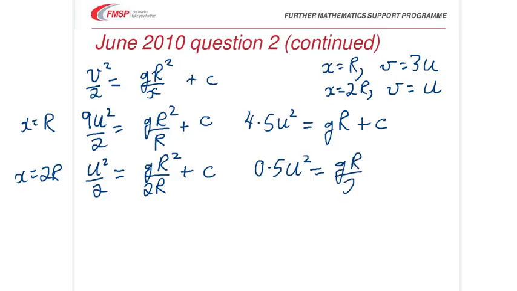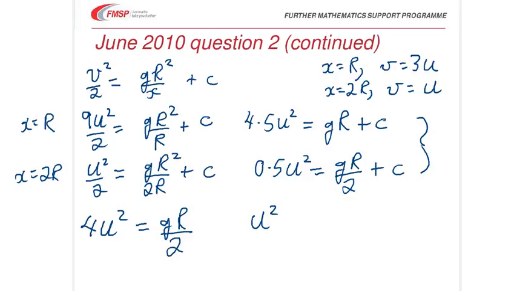And what we want then is an expression for u squared in terms of g and r, which you can see what we have to do now. Just subtract those two equations. We get 4u squared is gr over 2. So u squared equals gr over 8. There we are.